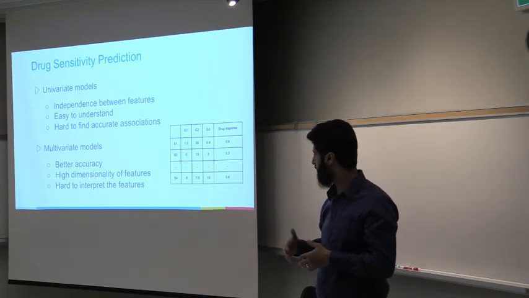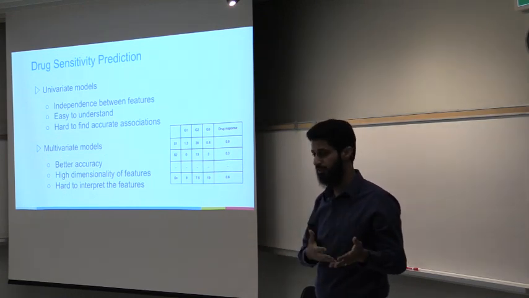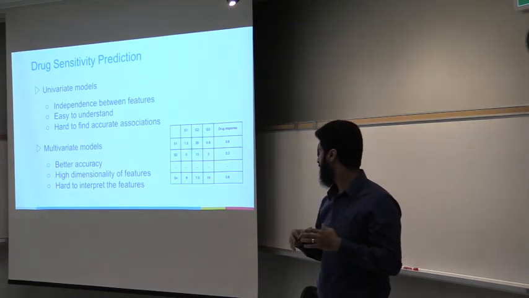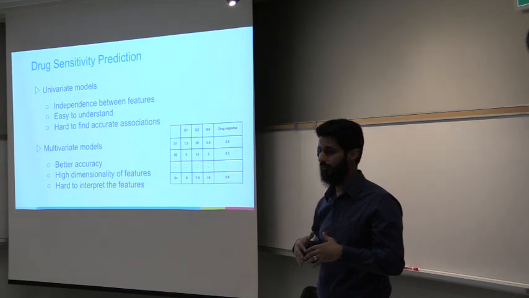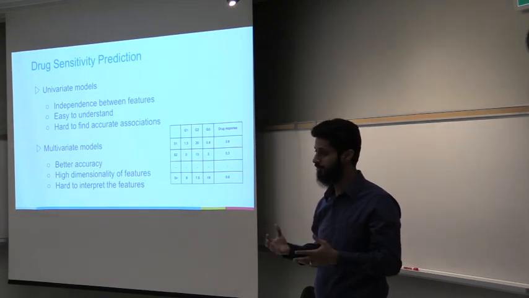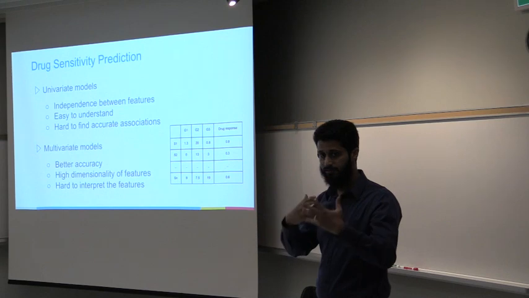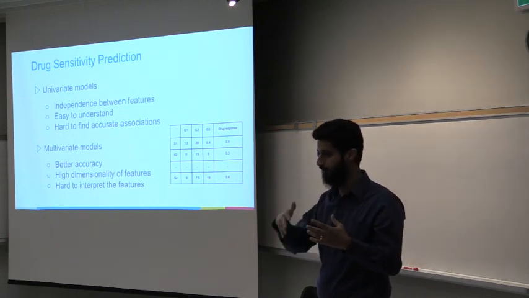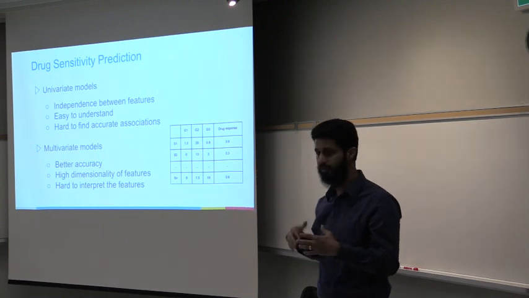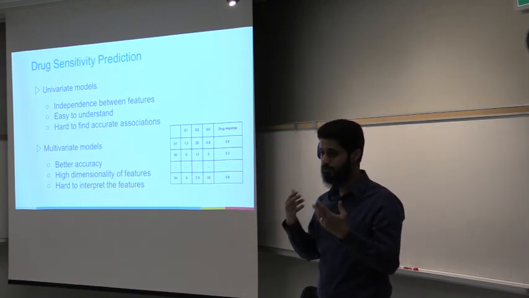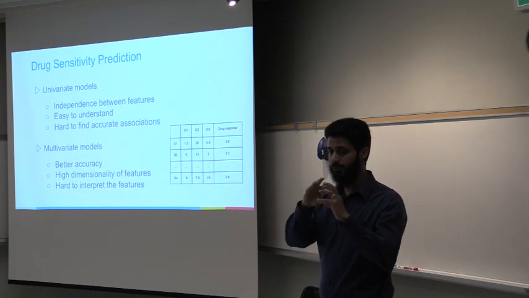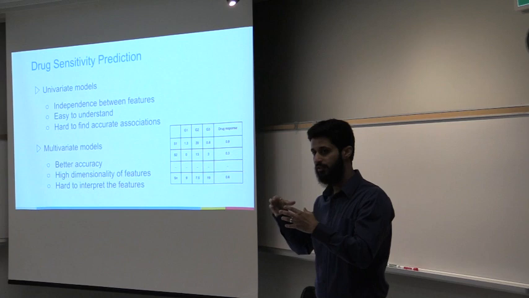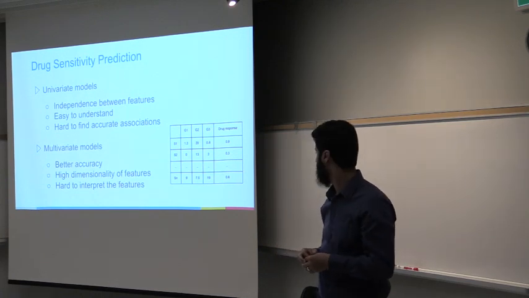The advantage of such models is that you're going to get better accuracy because you're taking that information into account. However, these models in most cases act as black boxes. They find the relationship between the genes using their mathematical formulation, which can be different for different types of multivariate models, and it's usually hard to link those mathematical relationships to the biological aspect of it.